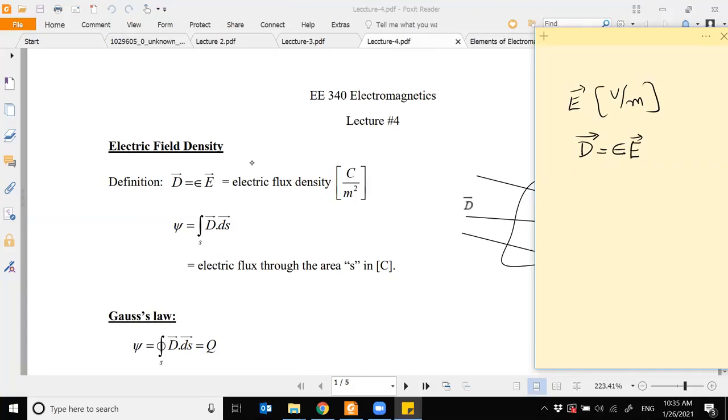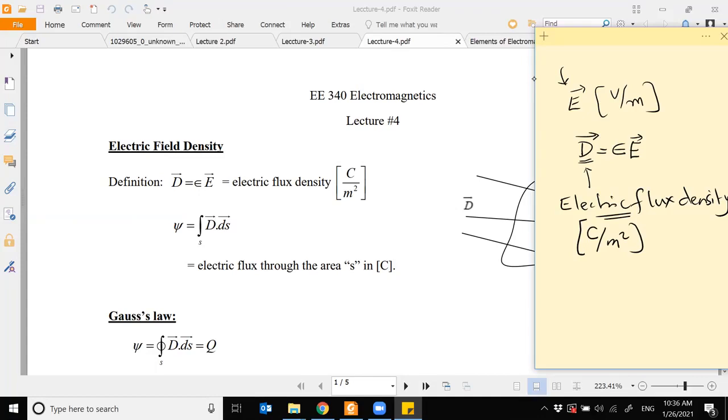So if you are looking at an electric field inside a dielectric, say any gas, then the electric field multiplied by the permittivity of that gas gives me a new vector called D, which is called electric flux density. This is electric field intensity, and this is electric flux density, and its unit is coulombs per meter square.